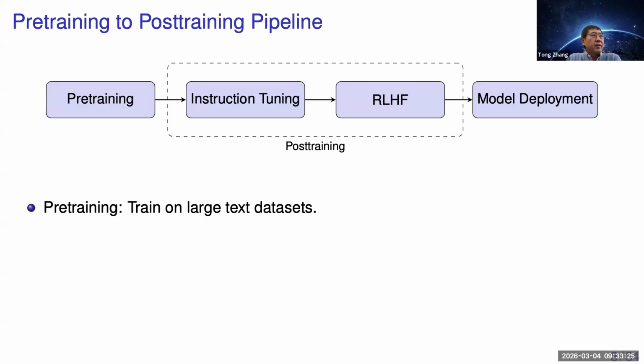So you have pre-training and post-training. Post-training usually has two stages. One is instruction tuning, which essentially lets you do chat. If you think about what pre-trained LLMs can do, if you try to communicate with them, they will not be able to chat very well.